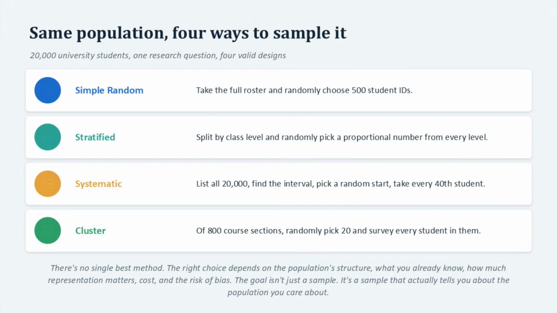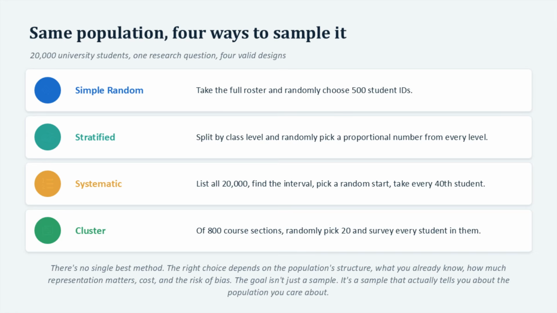Let's bring everything together with one final example, using the same population in 4 different ways. Imagine I want to study student satisfaction at a university with 20,000 students. If I have the full student roster, and I randomly choose 500 student ID numbers, that's simple random sampling.